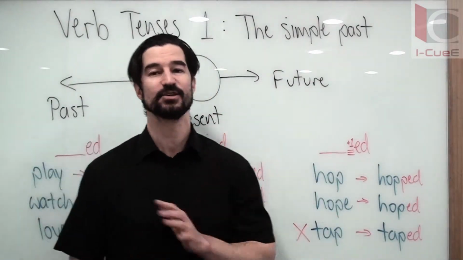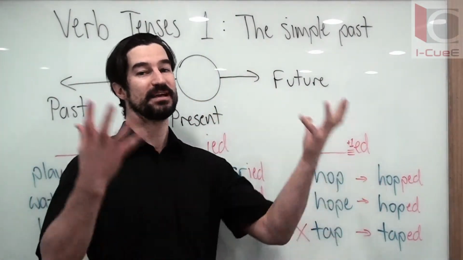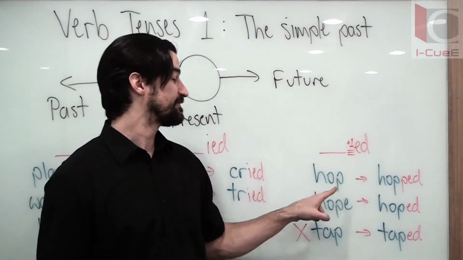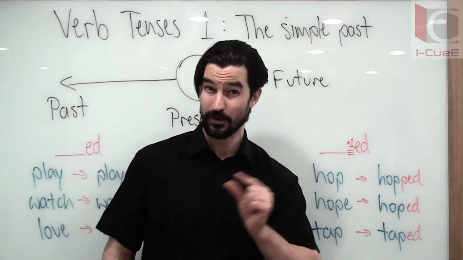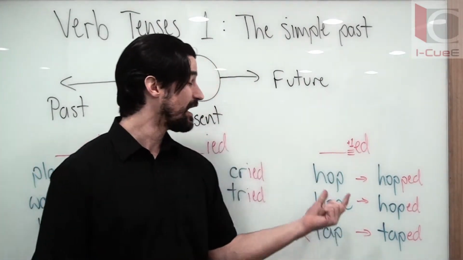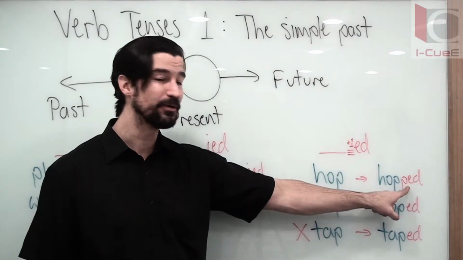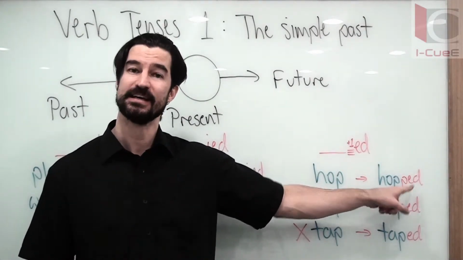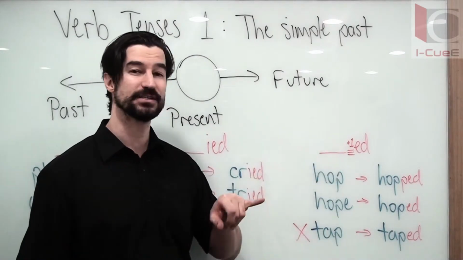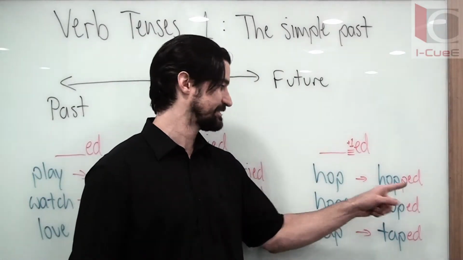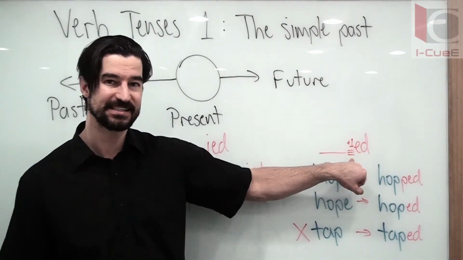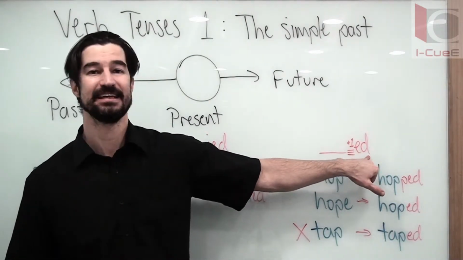There's one last little rule you need to remember when making regular verbs simple past, and that is if the vowel is a short vowel, and again, this usually happens with these little three-letter words, you have to double up the last consonant. The rule is if there's one consonant after a short vowel sound, you have to double it. So here you're adding one more of the last consonant and then ED.